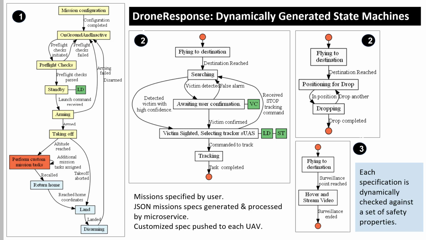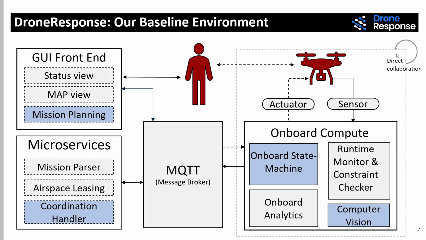Other fail-safe states such as RTL and/or hover are not shown here. Some states are relatively simple, for example land, whereas others are far more complex. For example, a search state leverages an internal AI-supported computer vision pipeline to search for and detect humans or specific objects of interest.